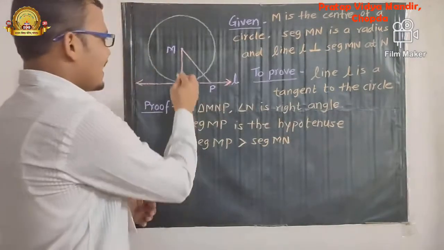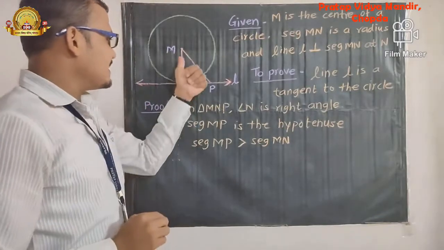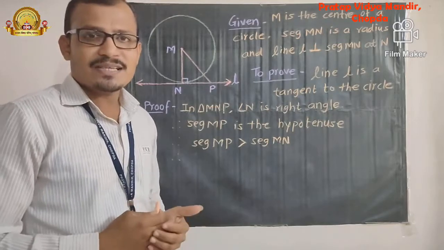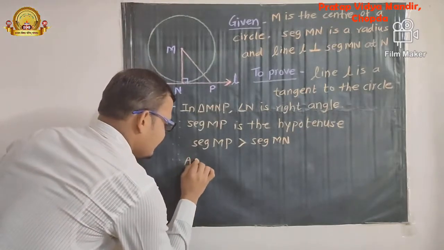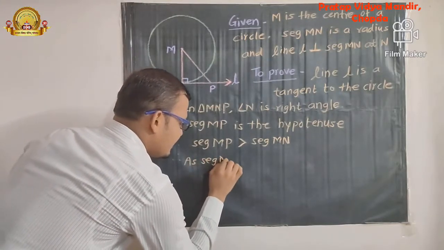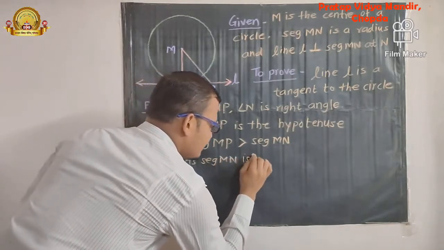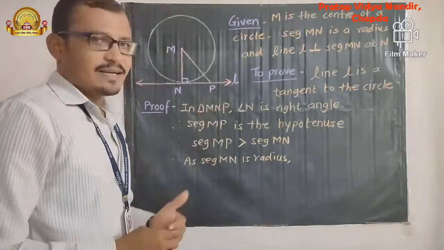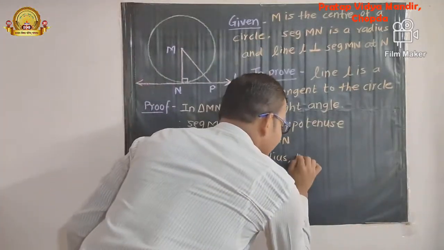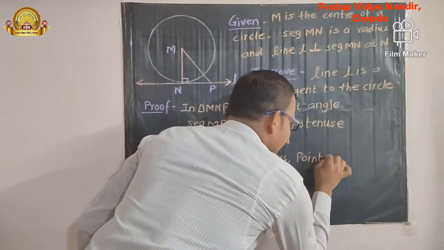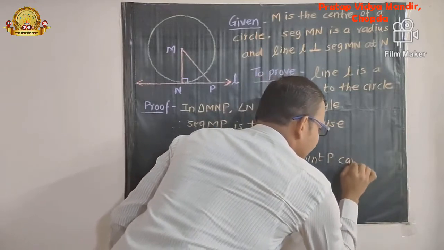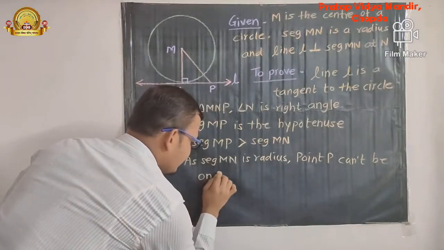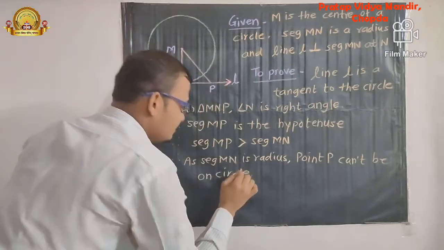And friends, as this MN is the radius of circle, this point P can't be on circle.